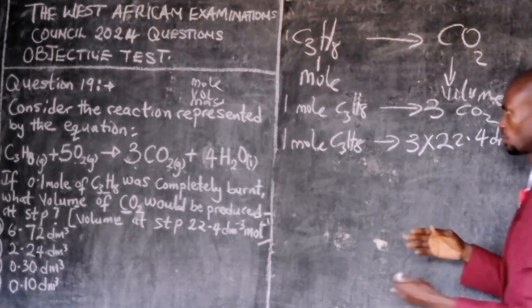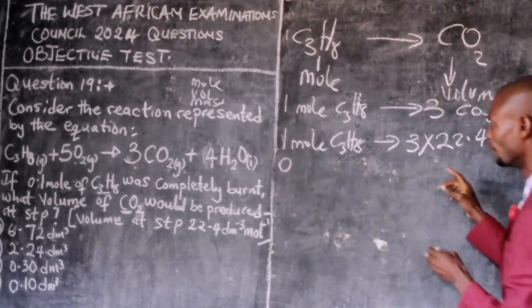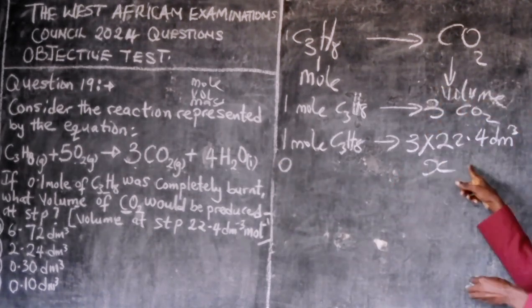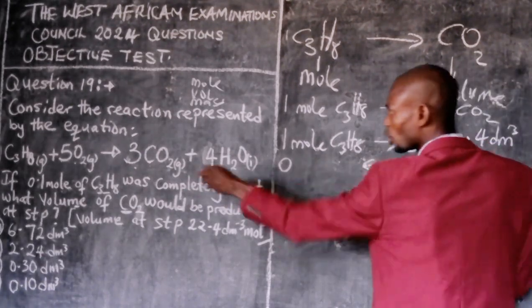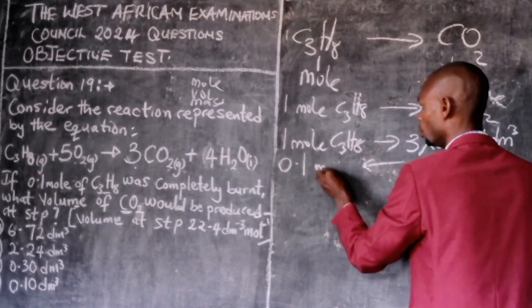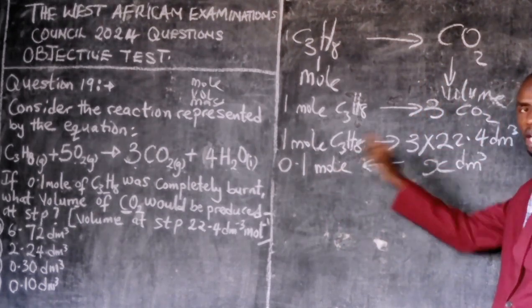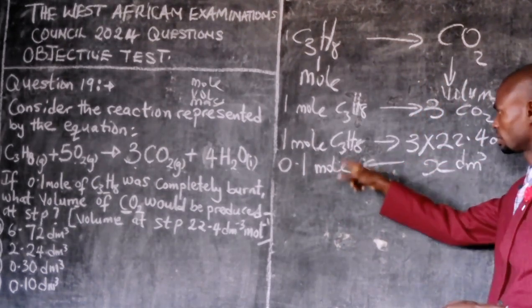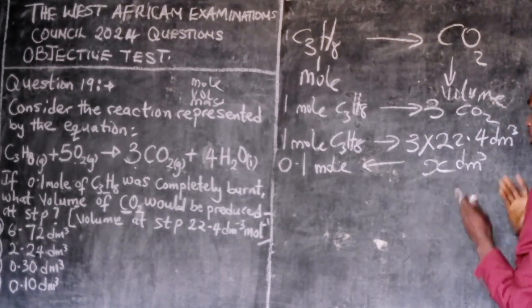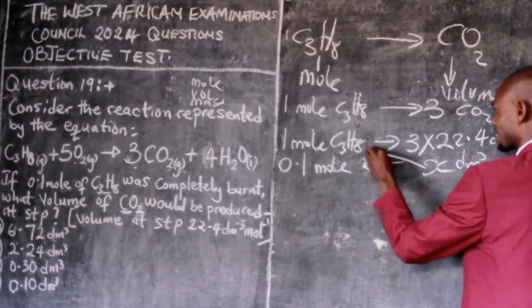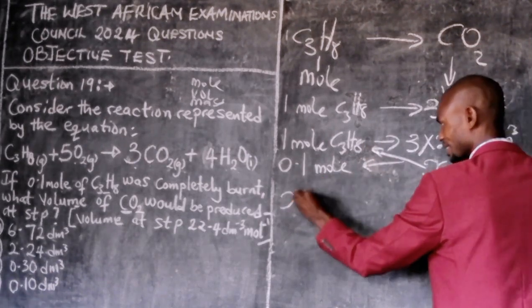Let's now go back to the question. We have to calculate the volume, which is let's represent by X, the volume in dm³ that will be produced by 0.1 mole of methylpropane. So what are we going to do? Just cross multiply. The next action here is to cross multiply, which means that X multiplied by 1 is still 1.